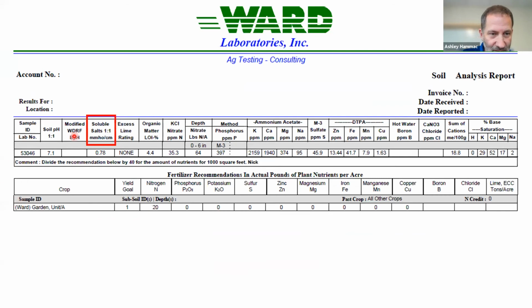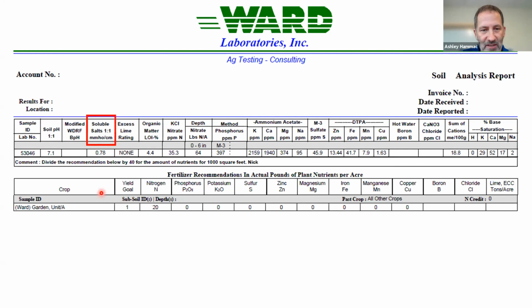Okay, so now on the soil test report, here's the analyte we're looking at. Soluble salts 1:1 means one gram of soil per gram of water, and then we measure millimoles per centimeter. This is well below in the safe zone, so we are not in trouble here.